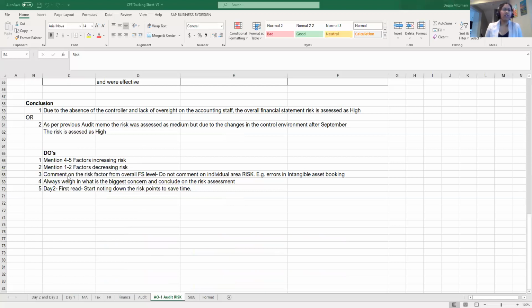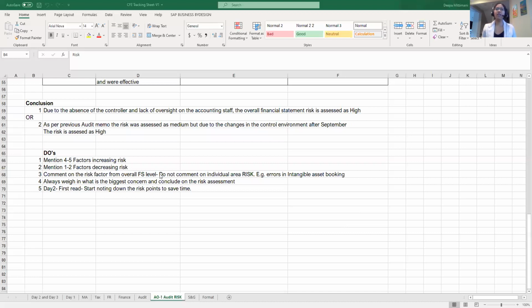Some more do's, as I mentioned: always mention 4 to 5 factors that are increasing the risk, mention 1 or 2 factors that are decreasing the risk, then comment on the risk factor from the overall financial statement level. What usually happens is in the financial reporting AOs, you find out that the ARO is not correct or the revenue is not booked correctly. Don't mention that this was the error. It shouldn't be one specific area of error.